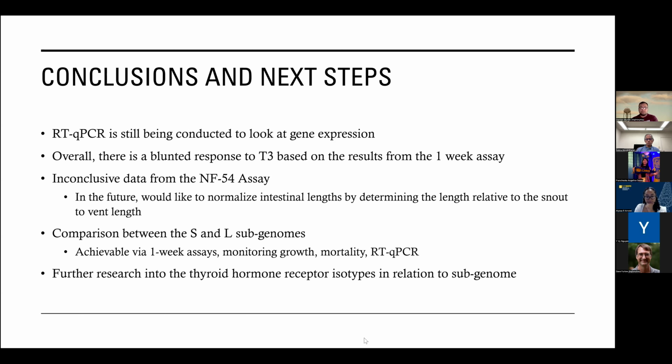But this could be achievable almost identically to what we did. So 1-week assays, monitoring growth, looking at mortality, RT-qPCR. And yeah, just looking at more of the receptor isotypes, looking at beta versus alpha, and then beta L versus beta S, alpha L versus alpha S would be the overall goal to understanding the thyroid regulation within this animal.